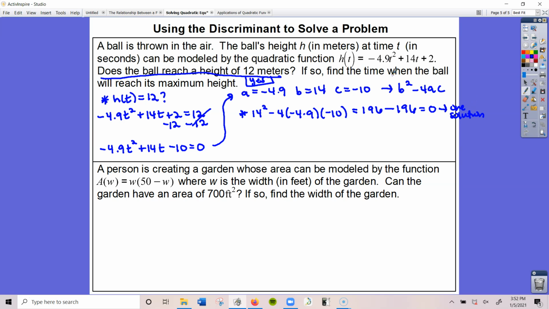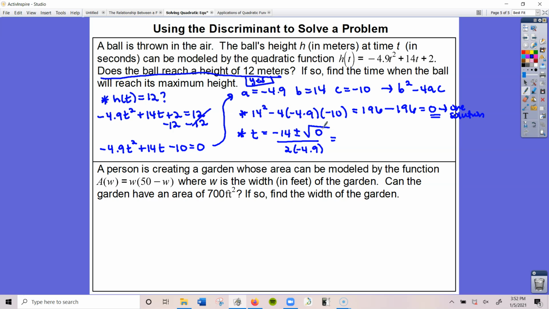Now we're going to find the time when the ball will reach its maximum height. So this is the quadratic equation. I've already set it up, and now we are solving for t. So now we can use the quadratic formula. That would mean -b, so -14, plus or minus the square root. Now we already solved for the discriminant. I don't need to go through this process again. The discriminant is equal to 0, and we put it over 2 times a, which is negative 4.9.